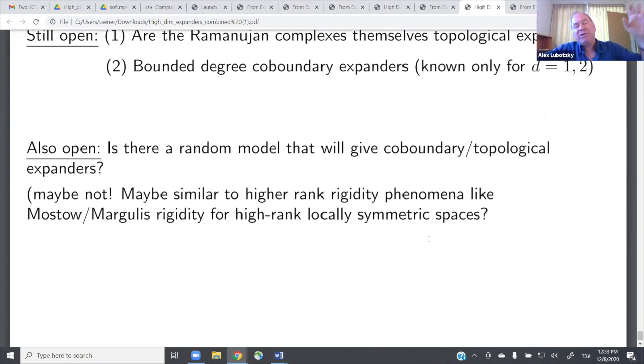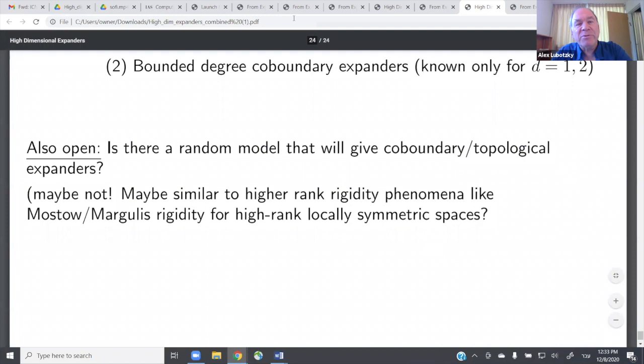It's very isolated, and only those coming from arithmetic exist. Somehow you don't have this freedom, and therefore I have the feeling that maybe here also, if you take high dimensions, it's so much more rigid a construction that maybe there is no random model for that. Okay, I talk too much, and I really should stop.